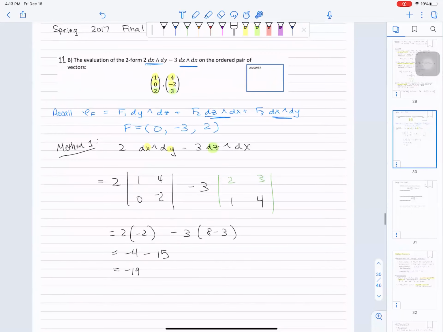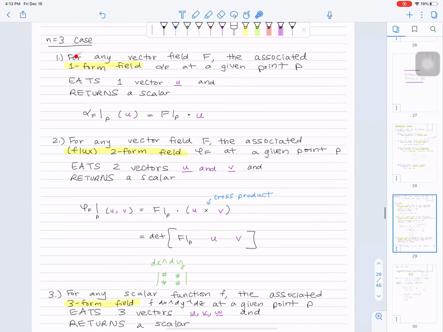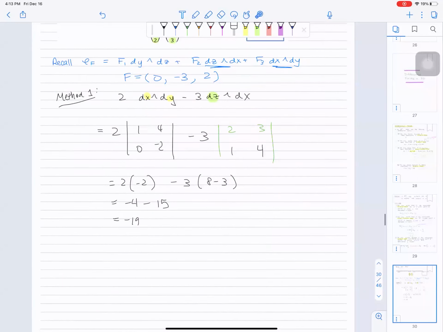If you just have a one form, I think it would be better to convert it to the vector way, where you take this vector, plug in your point and dot it with the vector that you have. This method generally works for double wedge and triple wedge.